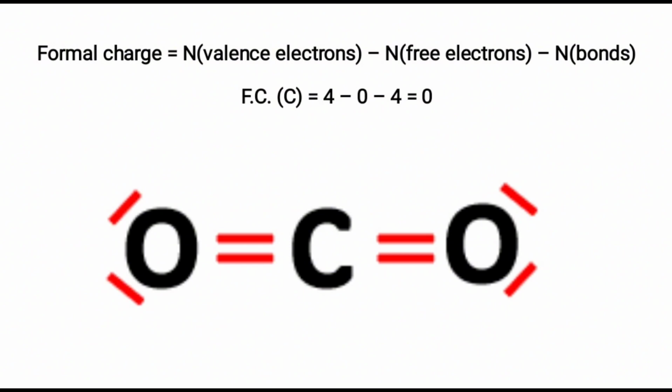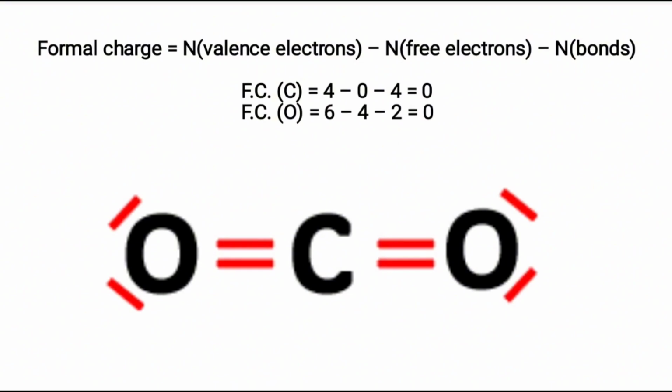So for oxygen, the number of valence electrons is 6, minus the number of free electrons around each oxygen. We have 4 free electrons, so minus 4, and 2 pairs, 2 bonds, so minus 2, overall 0. So formal charges are 0, and that's good.